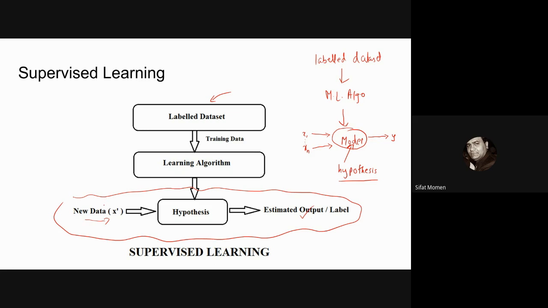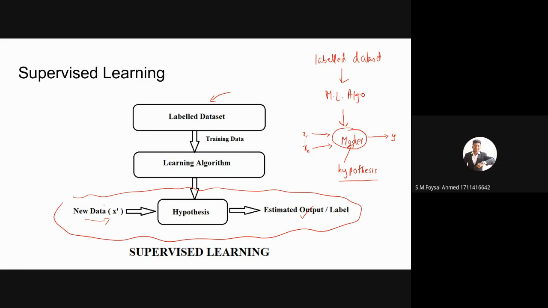Is it predicting with very high accuracy? Then it's a high accuracy model, right? But if it is not predicting with such good accuracy, then it's a low accuracy model, right? Is it clear?